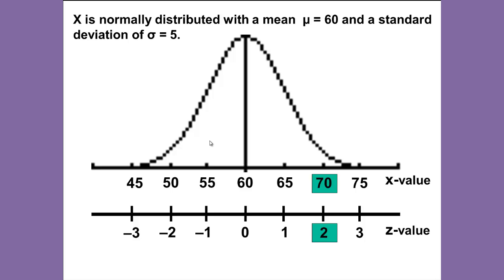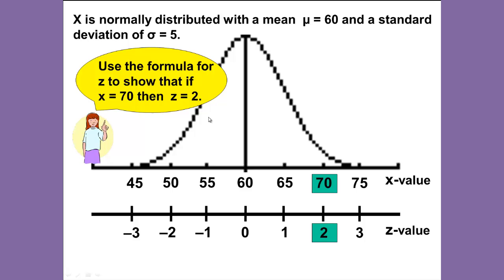Notice 70. It corresponds to 2 standard deviations above the mean. Use the formula for z to show that if x equals 70, then z equals 2.